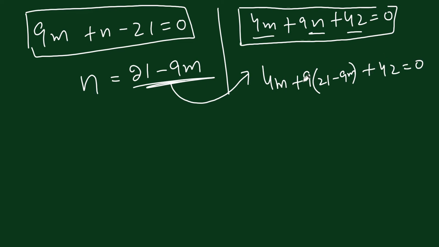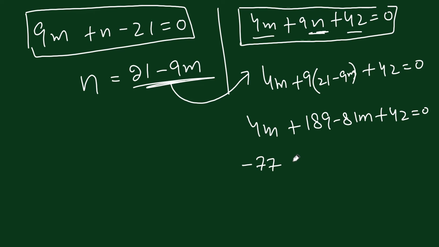Now in this equation you see only m is unknown. Right? 9 into n, we wrote n from here. So 4m plus 9 into 21 is 189. 9 into minus 9m is minus 81m. Plus 42 is equal to 0. So you can see like terms. 4m minus 81m is minus 77m. 189 plus 42 is 231.